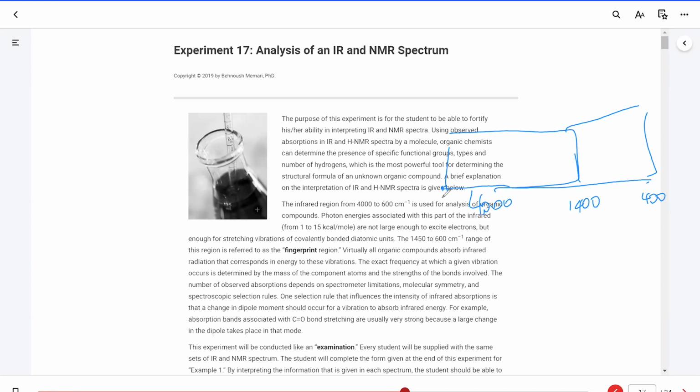The exact frequency where the absorption takes place depends on the mass of the atoms involved and the strength of the bond.